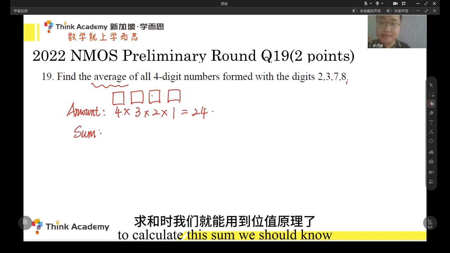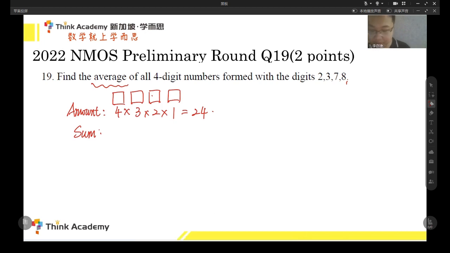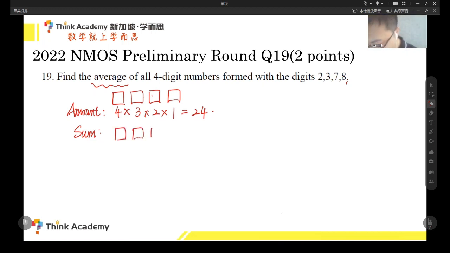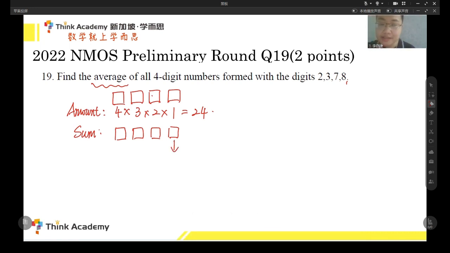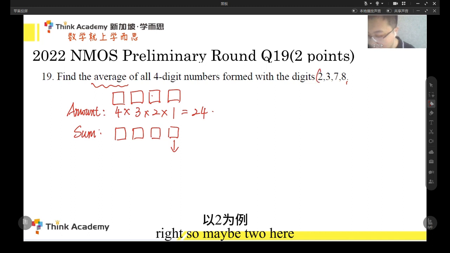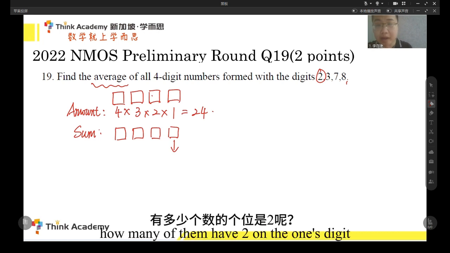To calculate this sum, we should use the place value principles. So let's calculate it digit by digit. For example, first of all, we calculate the sum of the ones digit. We have 4 different numbers, 2, 3, 7, 8, right? So maybe 2 here. In these 24 different numbers, how many of them have a 2 on the ones digit?